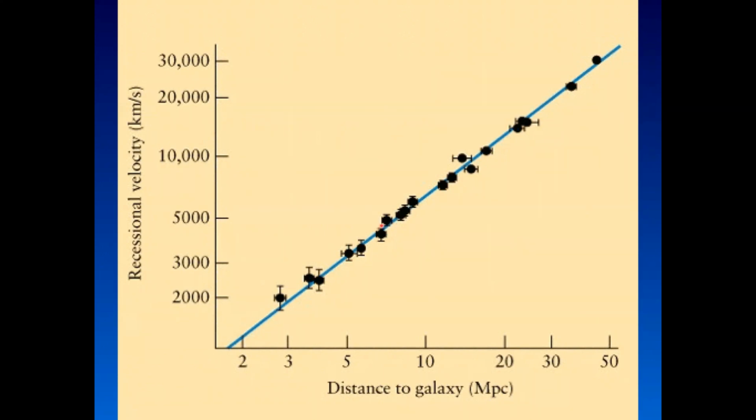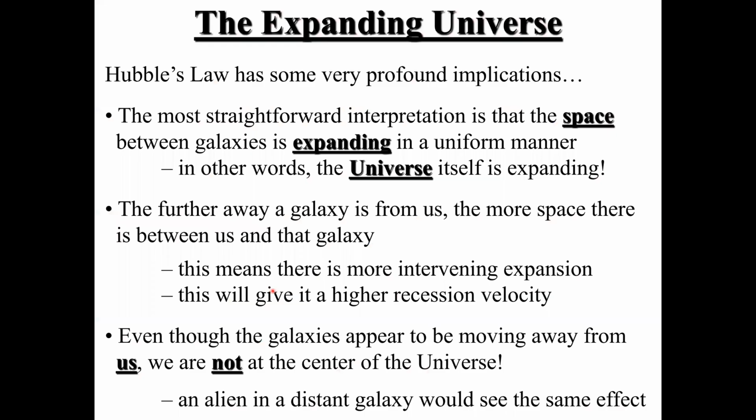The relationship is that galaxies that are far away from us are moving away much faster than galaxies that are close by, right? And this is called Hubble's law. And this is what he has found. Actually, I basically explained it in the earlier slide as well.